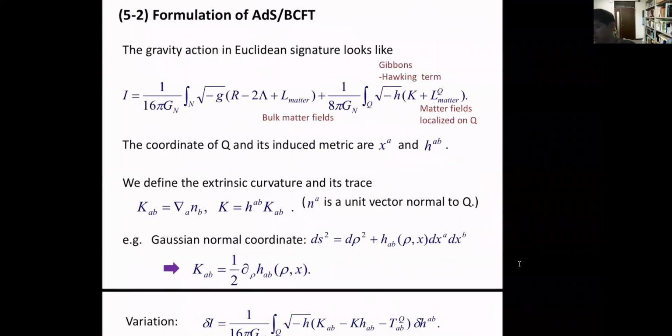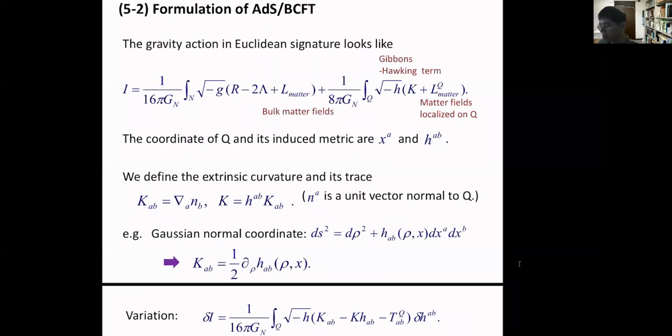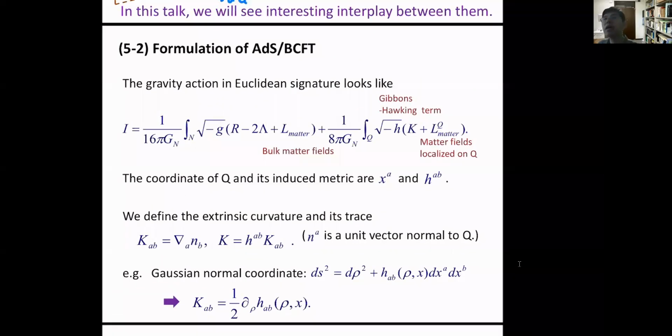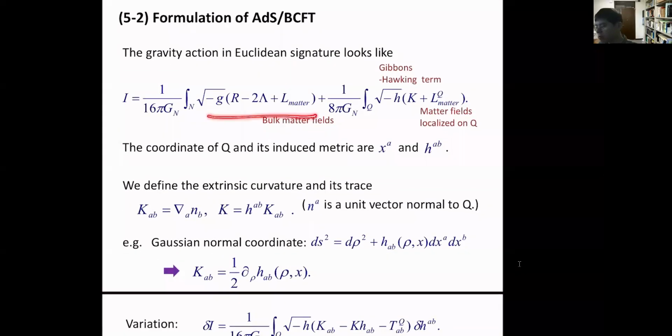So this is more detailed. We can have this action in gravity. We have this bulk contribution, the Einstein-Hilbert action and the cosmological constant, and then the boundary. Let me write it down again. Q is this surface, and the boundary A is here.